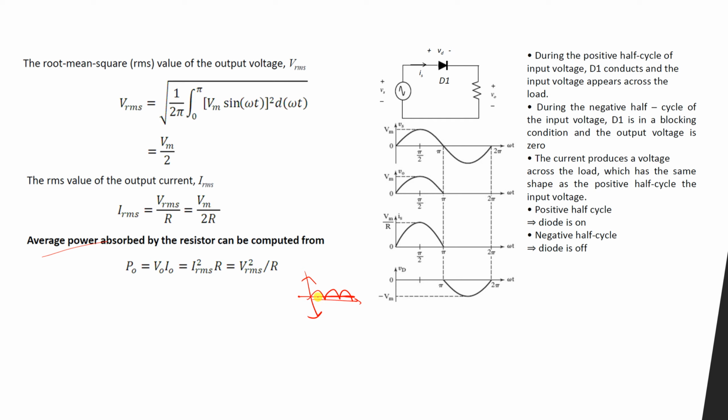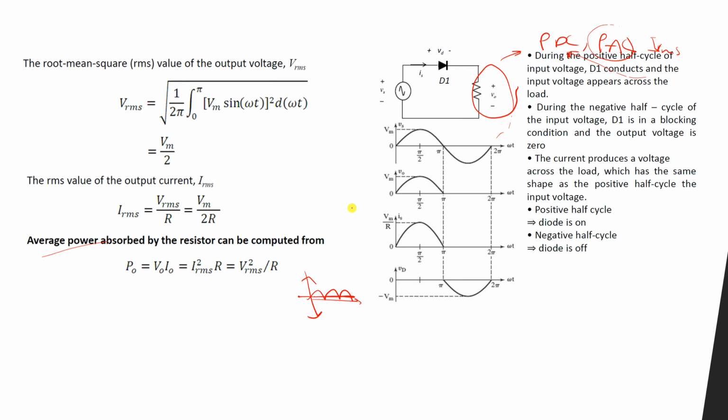So in AC, we use I RMS squared multiplied by R. This resistor has both kinds of power: the AC, which is the RMS, has two parts, the AC power and the DC power. So DC is just a part of the whole power received by the load. When I say how much power is consumed by the resistor in general, the real, effective power, we use the root mean square.